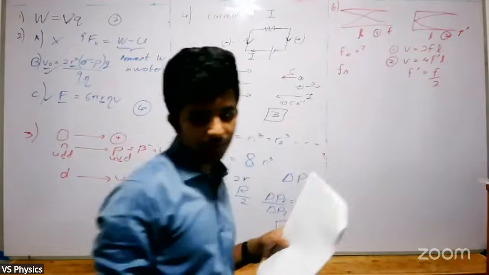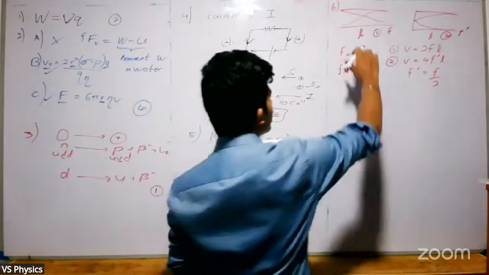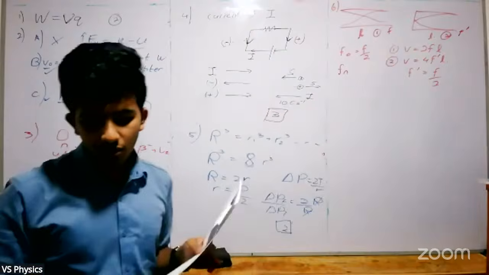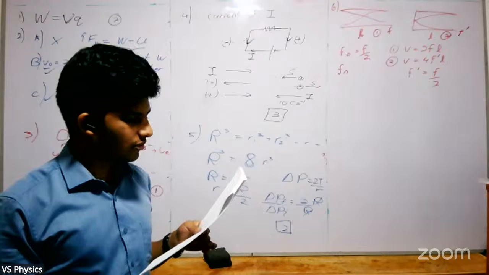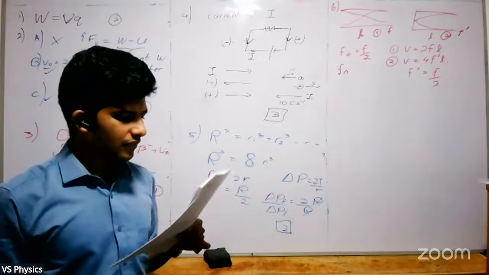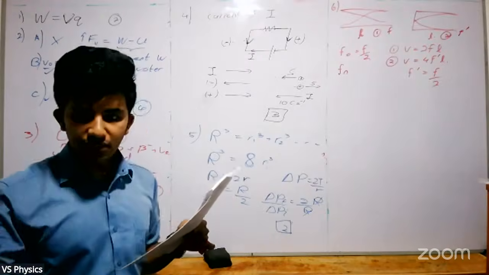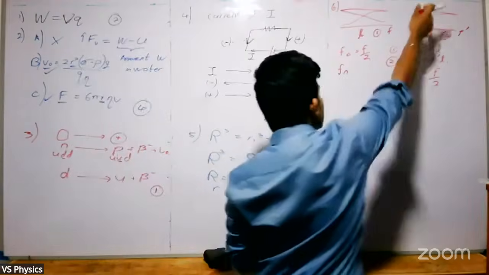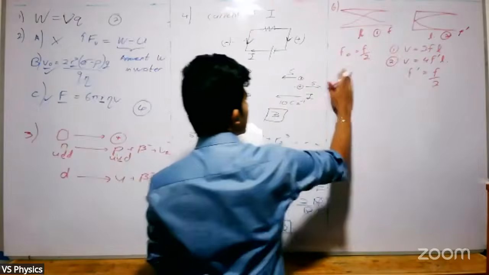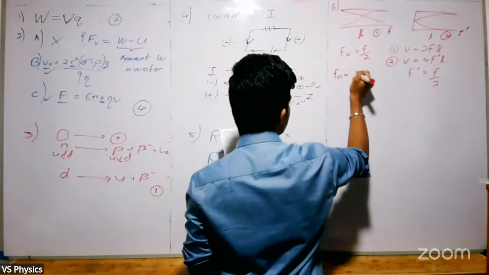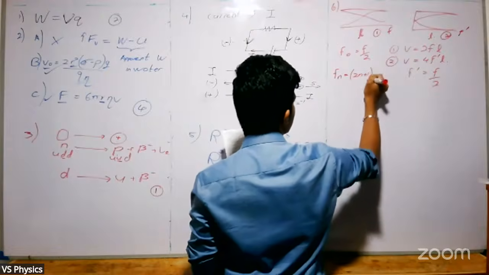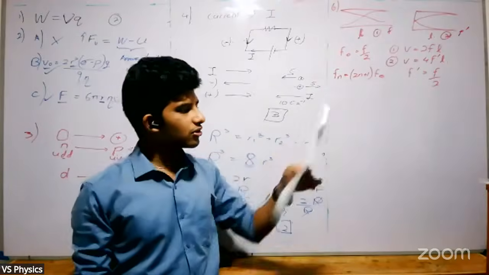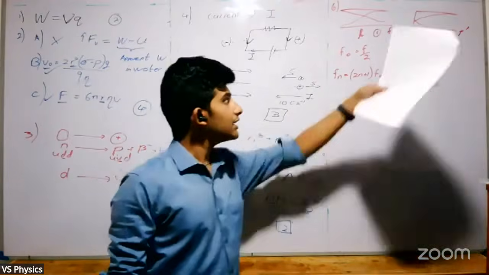Then our fundamental frequency is F over 2. Thereafter, the nth overtone in a one end closed tube, how do we write it? Fn equals 2n plus 1 times F naught. This is how we find the nth overtone of the one end closed tube.